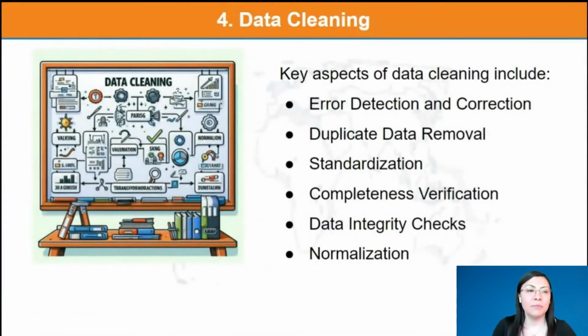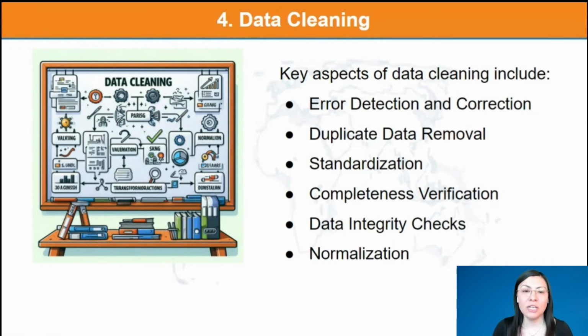There are some key aspects to consider while doing data cleaning. So we need to detect the errors and correct them, identifying and rectifying errors such as misspellings, inaccuracies, or incomplete information. We need to remove the duplicate data. We also need to do a standardization, this to ensure consistency and conformity in all data formats, units, and structures.